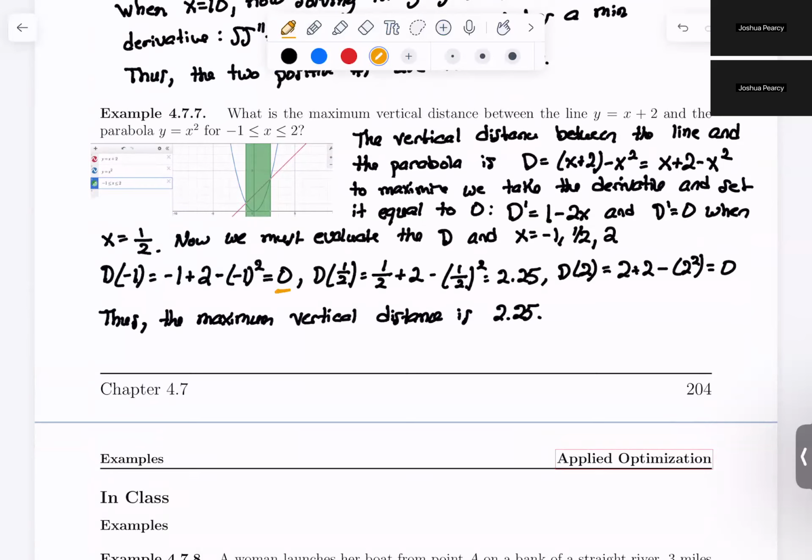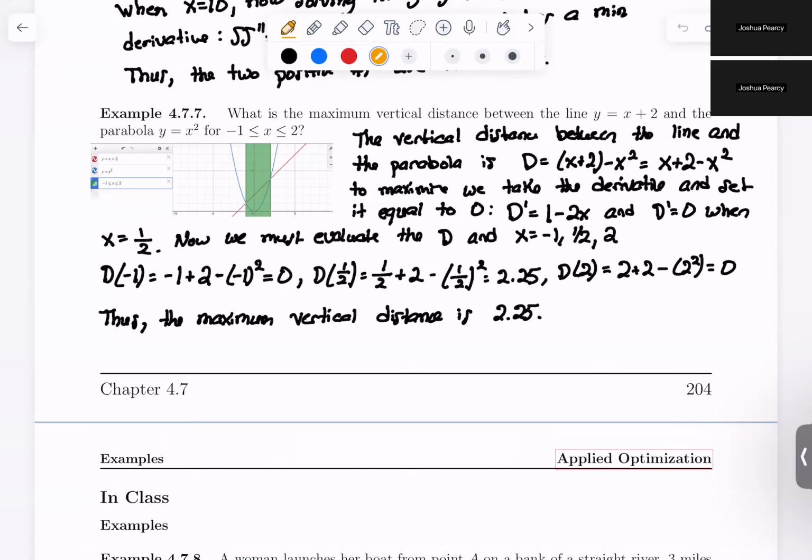Then when I find the distance at the point x equals a half, it's 2.25. And then when I find the distance at the point 2, it's 0. So again, here we have that this actual maximum distance occurs when I have x equals a half, and the actual value of the maximum vertical distance is 2.25.